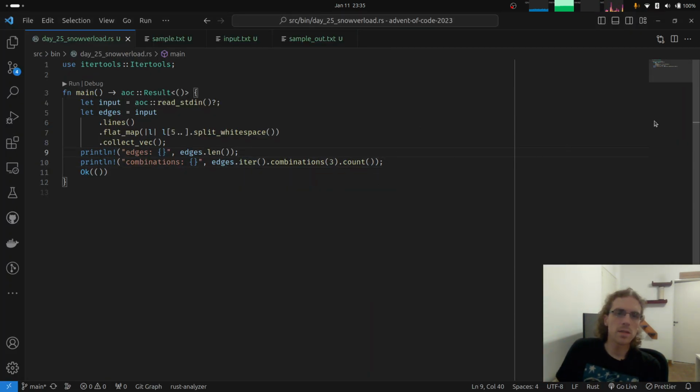I am tempted to print out what is the connectivity of each node, but for that I will have to build the graph, and I mean that's not that difficult, I guess.